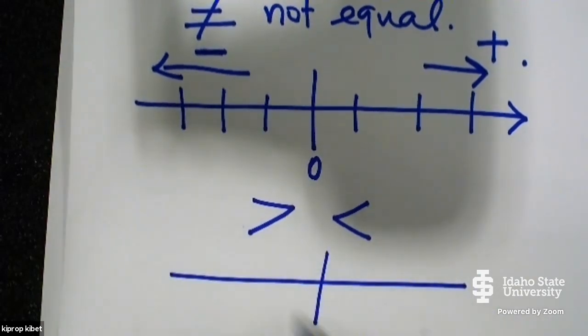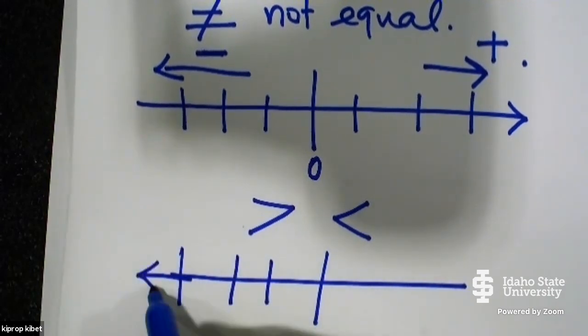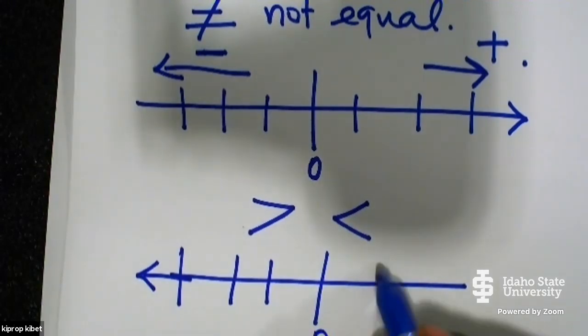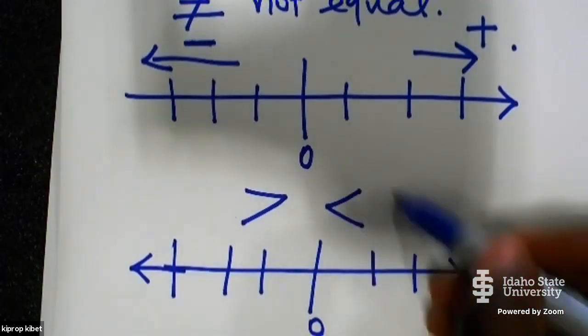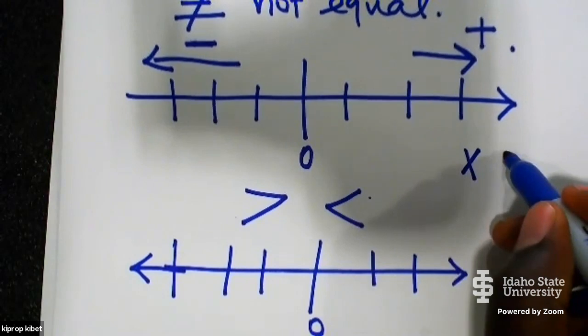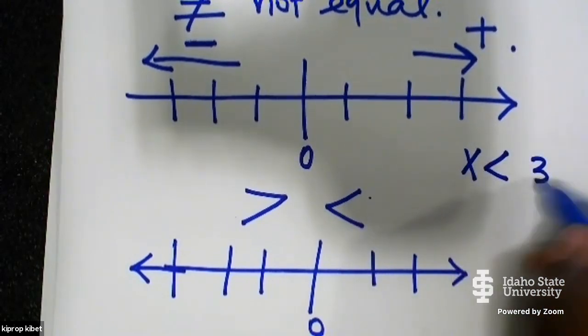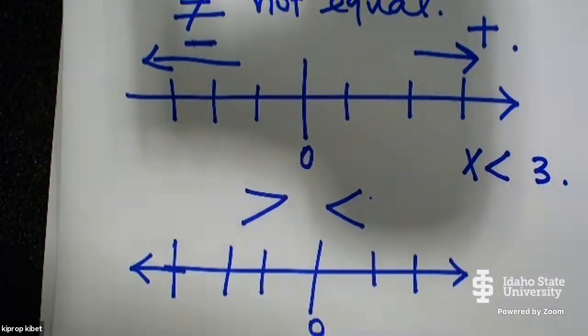If you have the Cartesian plane there, let's say this one is 0, and we want to represent x is less than 3.